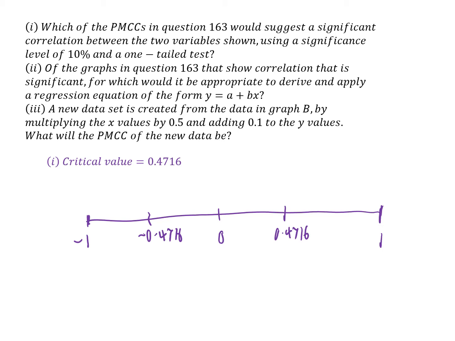So anything in either this region or this region would be considered to be in the critical region, and therefore we would show a significant correlation.